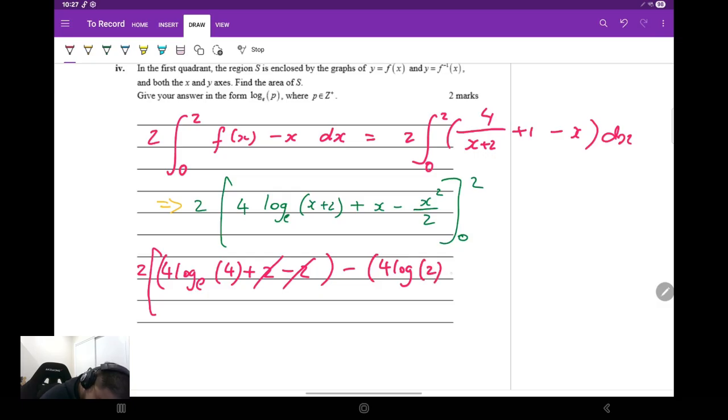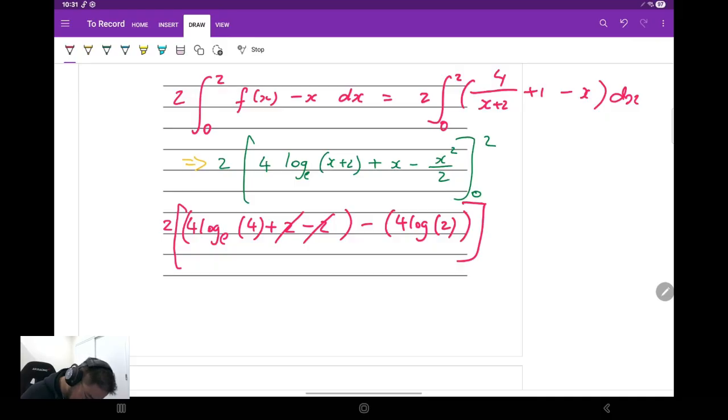So that means that's that. Now I might just write this out to neaten it up. So it becomes 2 times 4 log e 4 minus 4 log e 2.